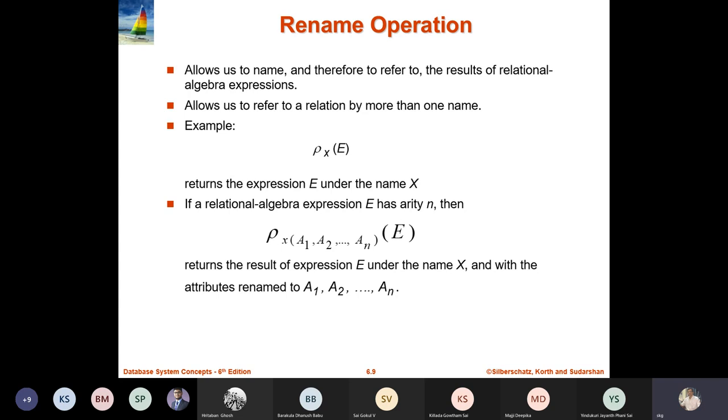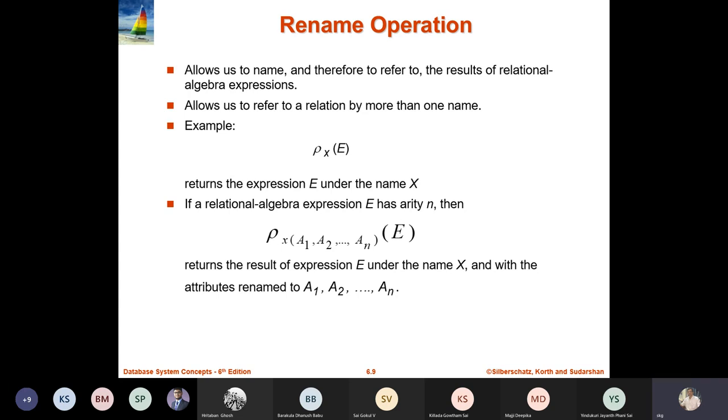We can also rename the attributes. If a relational algebra expression E has arity n, then rho x(a1, a2, ..., an)(E) returns the result of expression E under the name x, with the attributes renamed to a1, a2, ..., an.